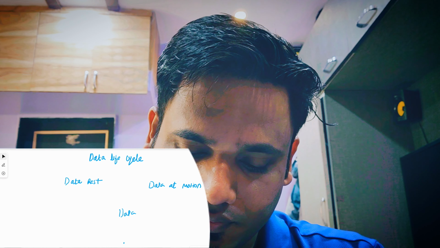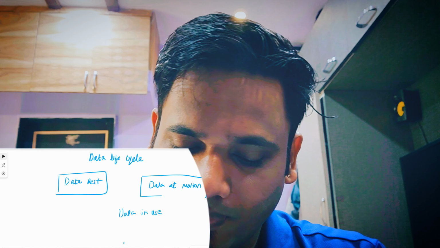Number two state is data in motion. Number three state is data in use. So these are the three states that data is generally in.